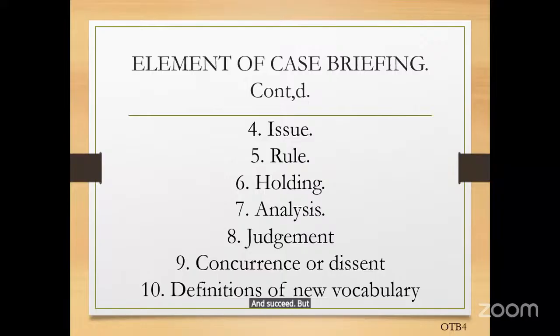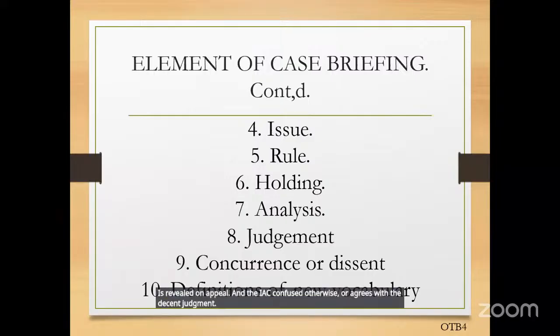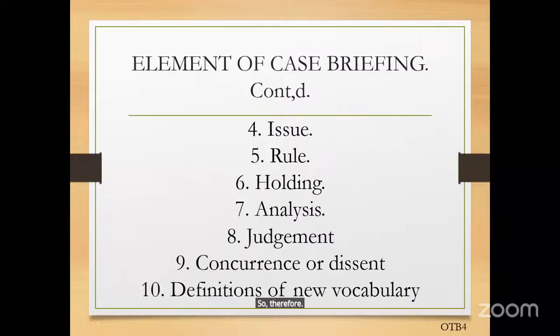But again, if such a dissent judgment is revealed on appeal and the higher court feels otherwise or agrees with the dissent judgment, that may be the judgment that the upper court takes, depending on the circumstances before the court. So, therefore, the dissenting judgment or view is the view of the minority in a particular case.